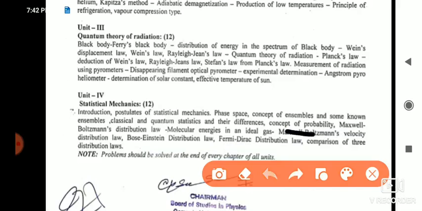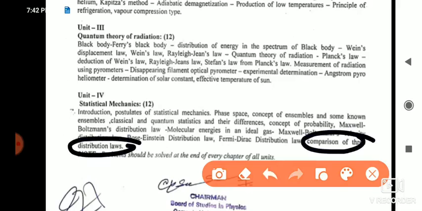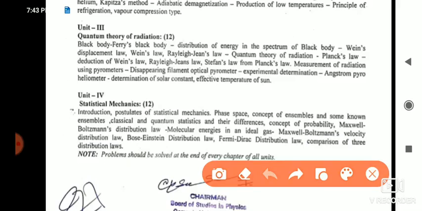He may ask Maxwell-Boltzmann law and Bose distribution law, or Fermi-Dirac distribution law, or he may ask you to compare these three distribution laws. You have to explain in some points what is Maxwell-Boltzmann distribution law, what is Bose-Einstein distribution law, and Fermi-Dirac, and then the difference between these three. You have that answer in your unit, so go through that answer.